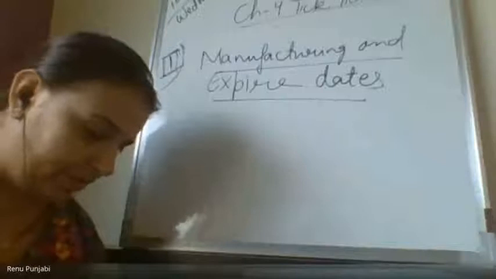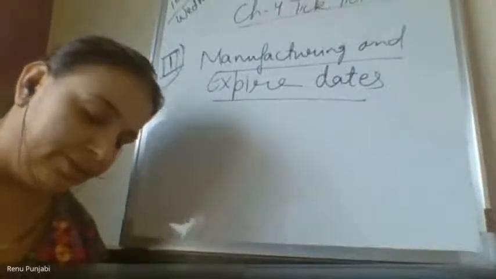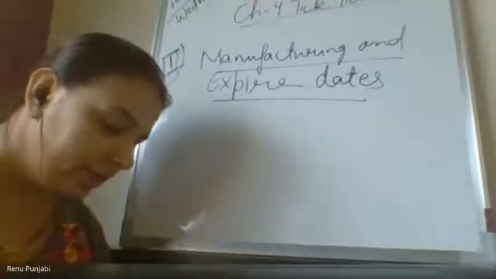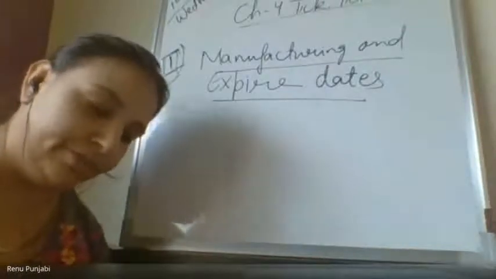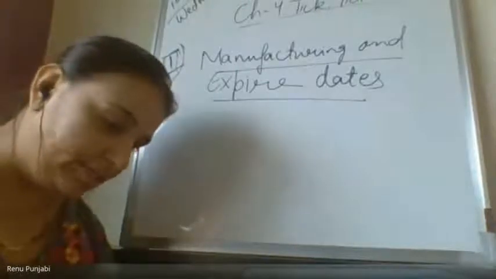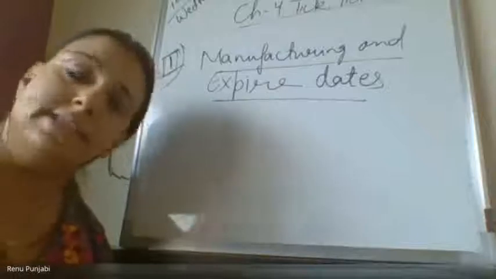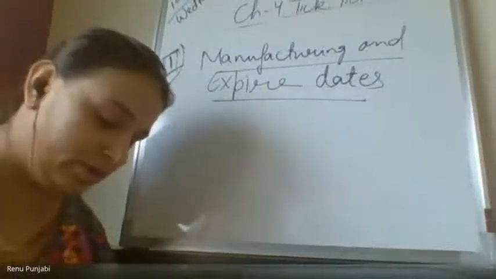Then we have covered the timeline, that will cover your page numbers 43, 44, 45 of your textbook. Then 46, 47 is related with the dates, calculating the dates and how to write the date in words or in numbers, that also we have covered.